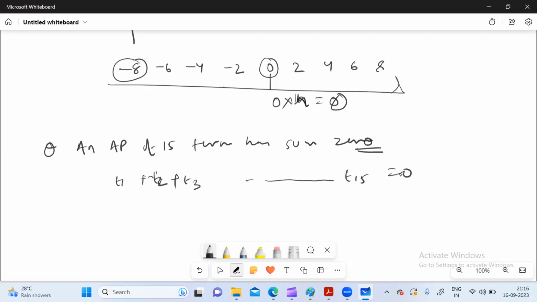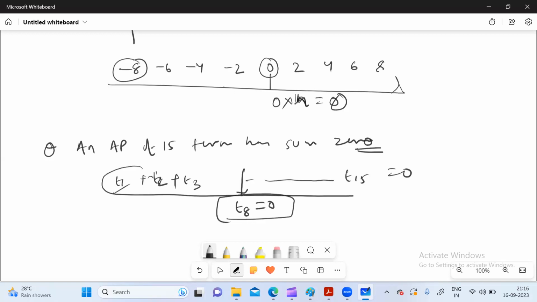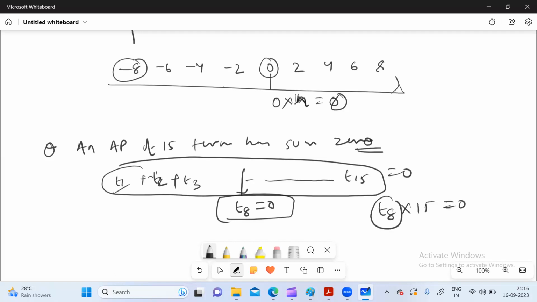So one thing which I can definitely say for this case is the middle term of these 15 terms, which is the 8th term, T8, must be 0, because the sum of the first 15 terms of any AP will be T8, that is the middle term, which is the average term, into 15. So if this is 0, then the middle term of this AP must be 0.